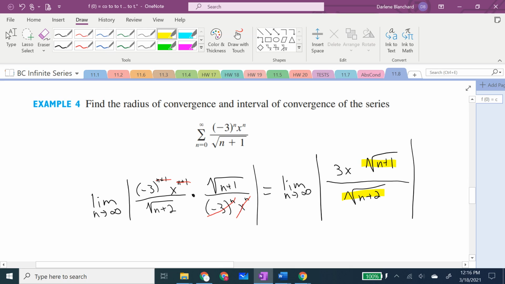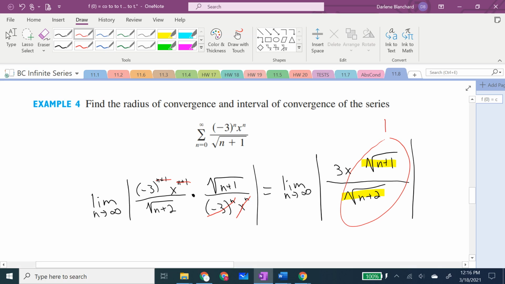N is approaching infinity. So what is the answer? Take a look. What is happening with this? What is that heading to as n approaches infinity? That's heading to 1.